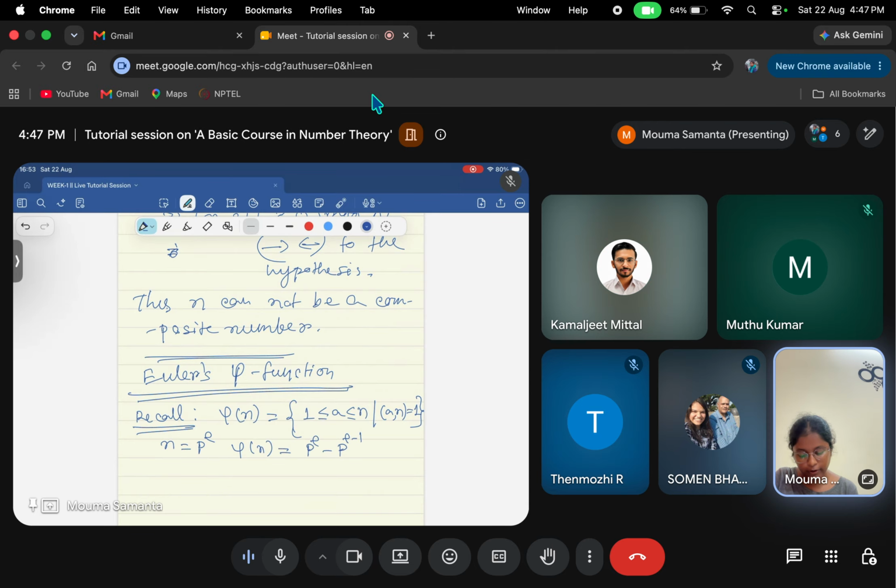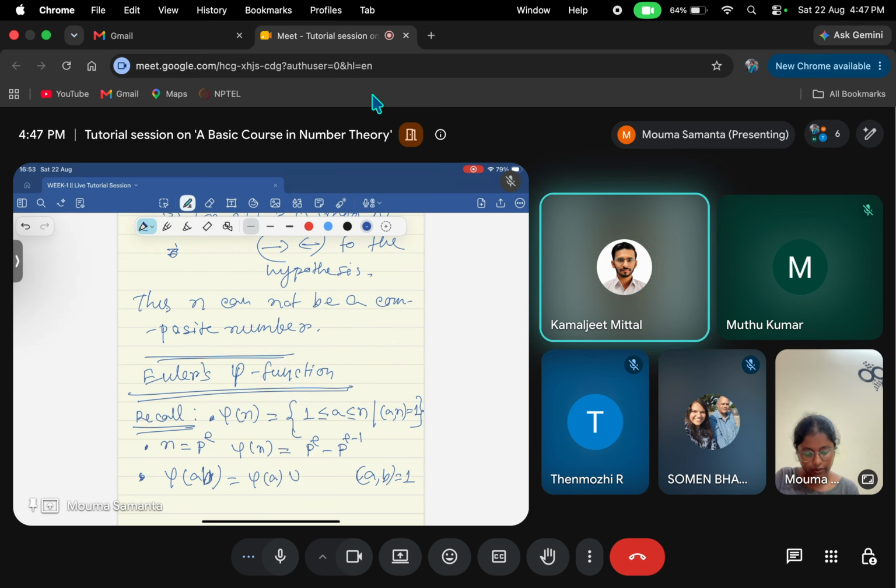And if n is a product, what will phi of a times b be when GCD of a and b equals 1? Phi a into phi b.